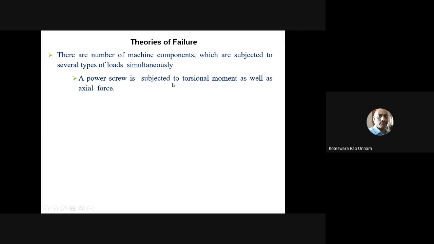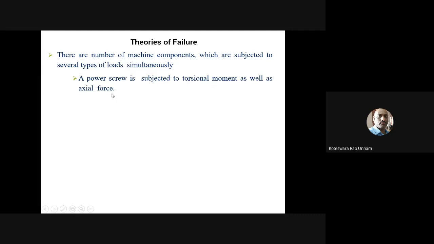That means because of the torsional moment you have a torsional shear stress, and because of the axial force you have a direct axial stress. So there are two kinds of load. Torsional moment is not the same as axial force. One induces a normal stress, the other induces a torsional shear stress.